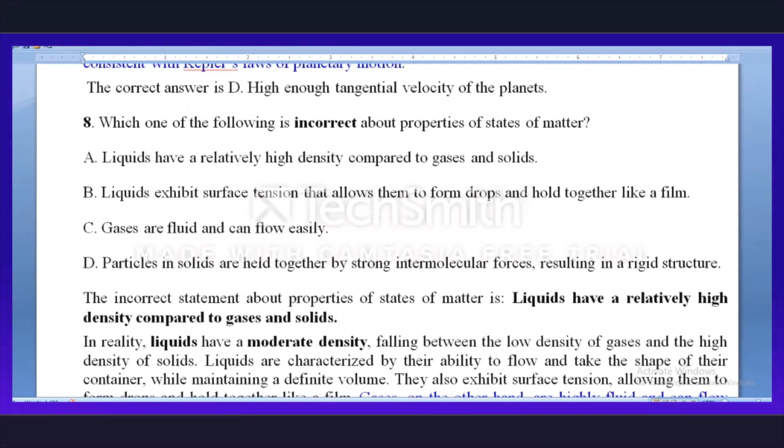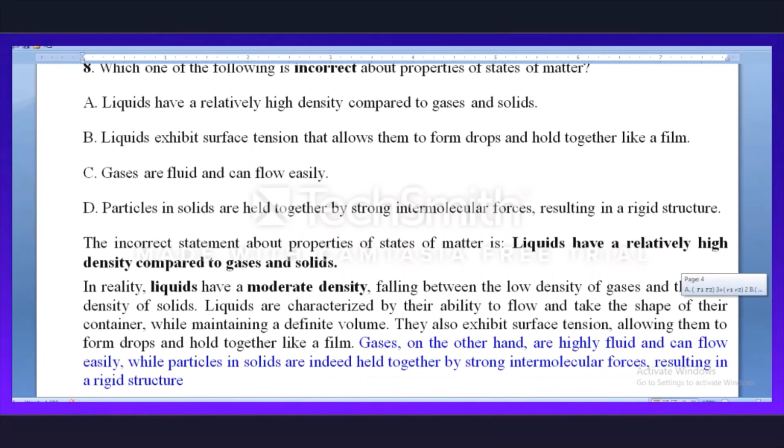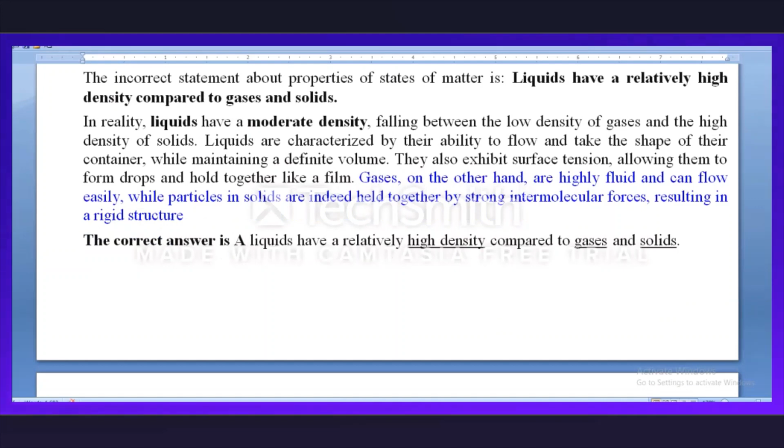The incorrect statement about the properties of the states of matter is: liquids have relatively high density compared to gases and solids. In reality, liquids have a moderate density, falling between the low density of gases and the high density of solids. Liquids are characterized by their ability to flow and take the shape of their containers.